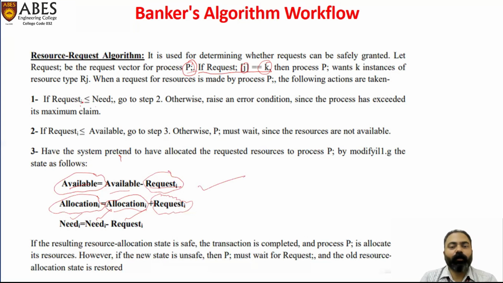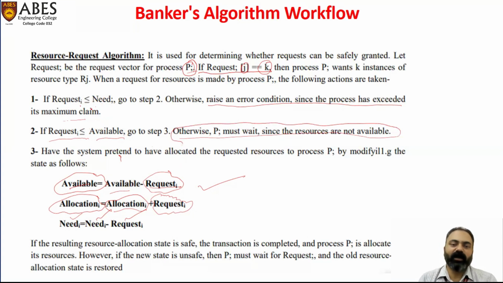If the request of a particular process is not less than or equal to need, then raise an error condition since the process has exceeded its maximum. Suppose request is less than or equal to need and request of i is not less than or equal to current availability, then that process must wait since the resources are not available.